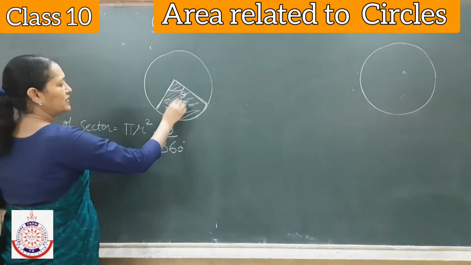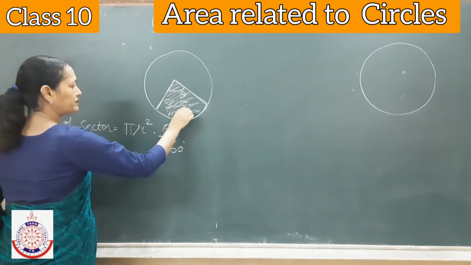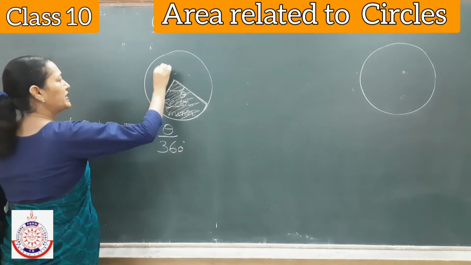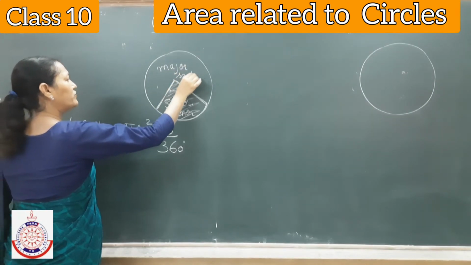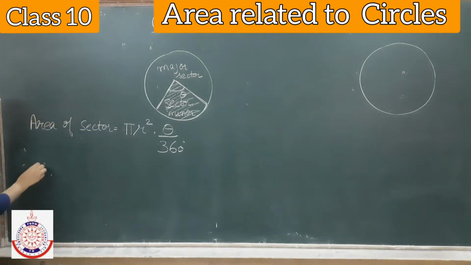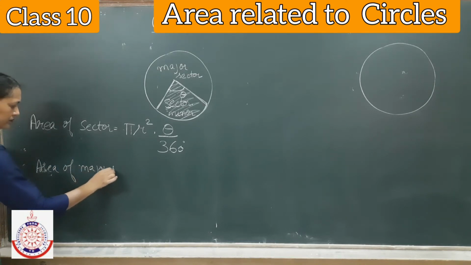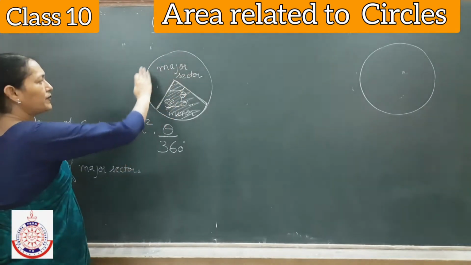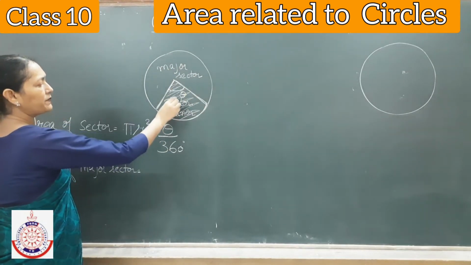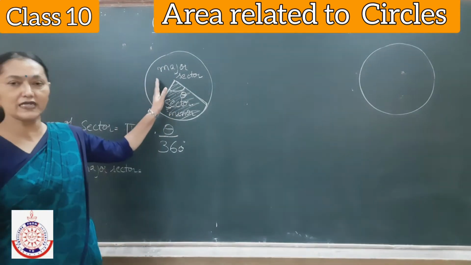If this part is a smaller part, if we call it minor sector, then this part will be major sector. So if we have to calculate the area of major sector, from the complete circle, if we subtract this area of minor sector, we will be getting the area of major sector.